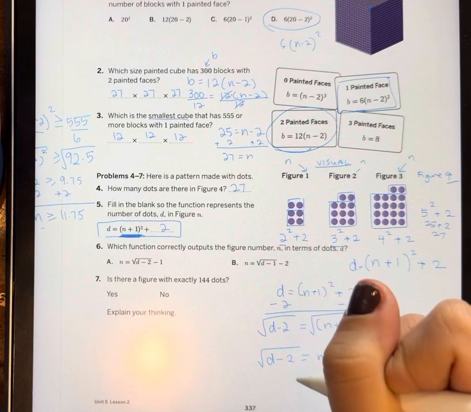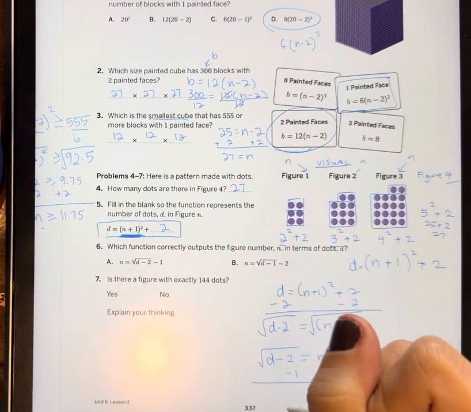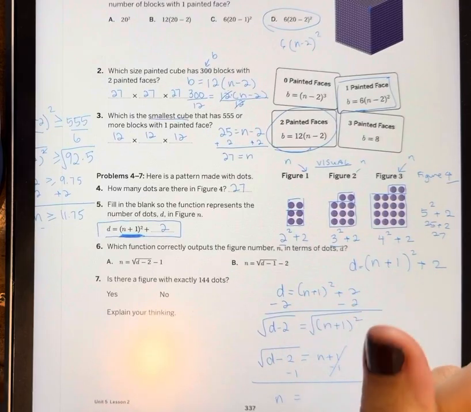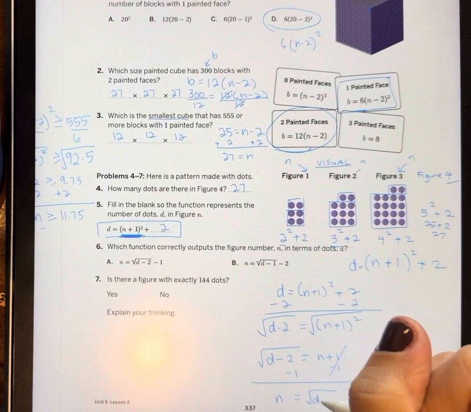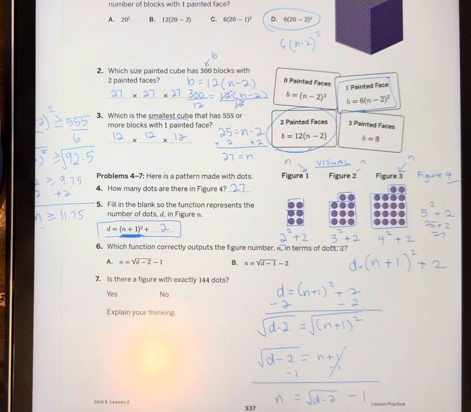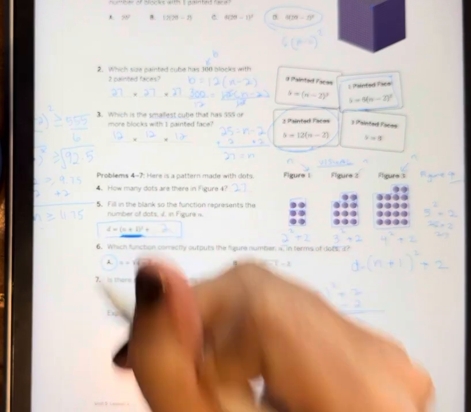And then I just have to subtract the 1. So what I get is that n is by itself, and it equals square root of d minus 2, minus 1. This minus 1 is not in that radical. And that's this one. Okay.